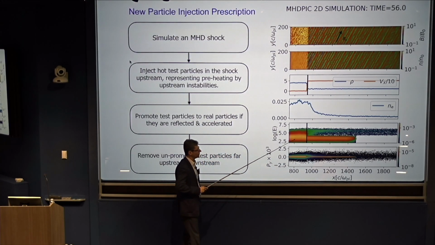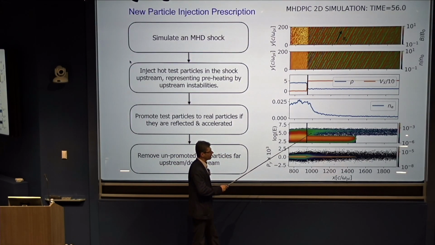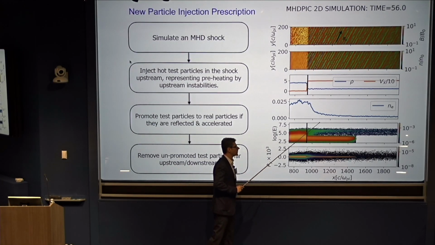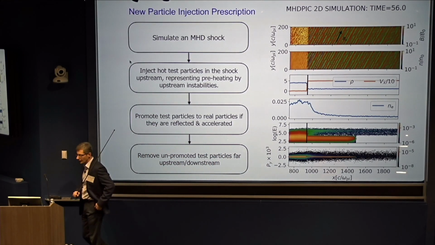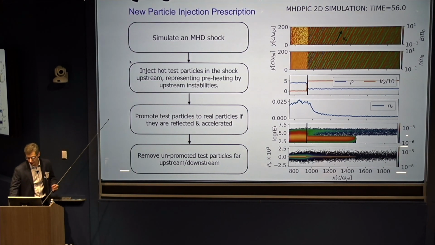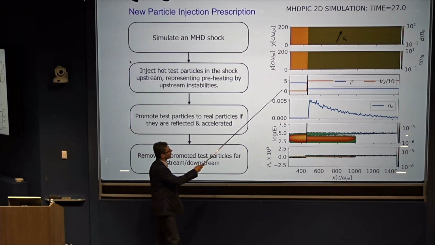They just go through the shock. And the ones that scatter back, just kinematically, because they're hot enough to get scattered back, we catch them and, what I call, promote them. We allow them to start depositing current and charge onto the grid, and then they start pushing on the flow. And this can work. This is shown here for an oblique simulation.